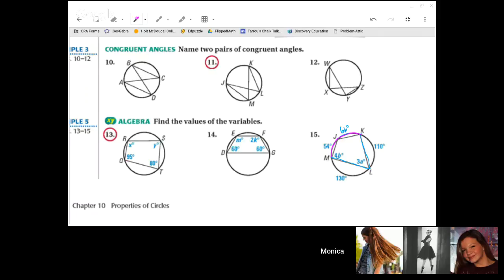So since it forms that arc, and we know the measure of the arc, right? The measure of that arc is going to be 66 plus 54, which is 120.